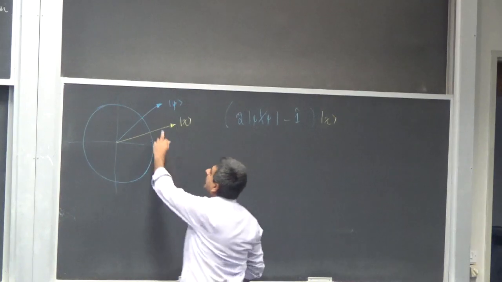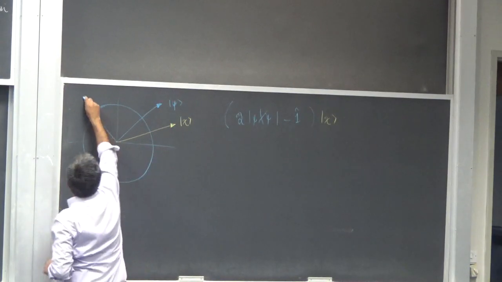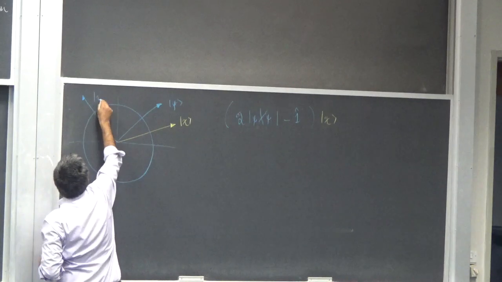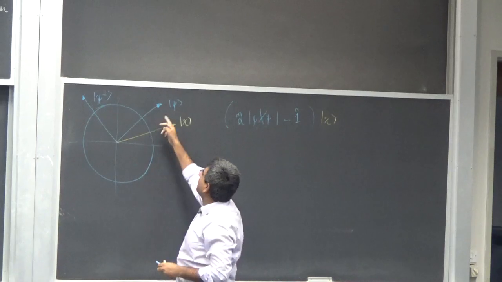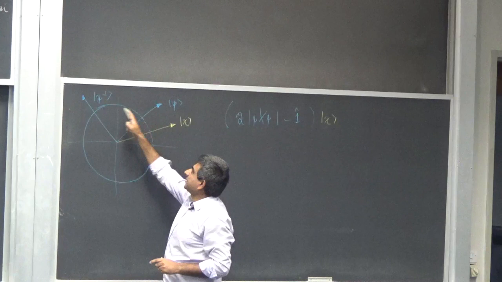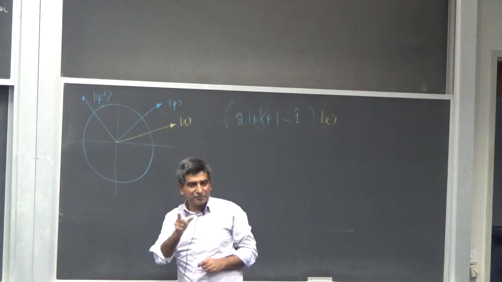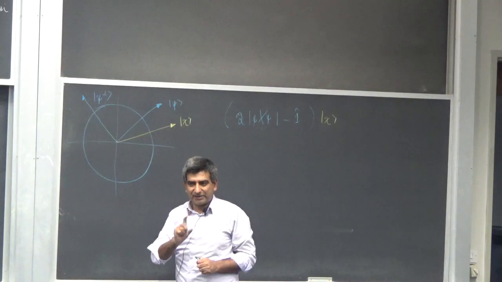I know that if I have a state ψ, there is going to be another state ψ perpendicular, so that the overlap of ψ with ψ perpendicular is 0. So these two states are orthogonal to one another. I know that that is always going to be the case.